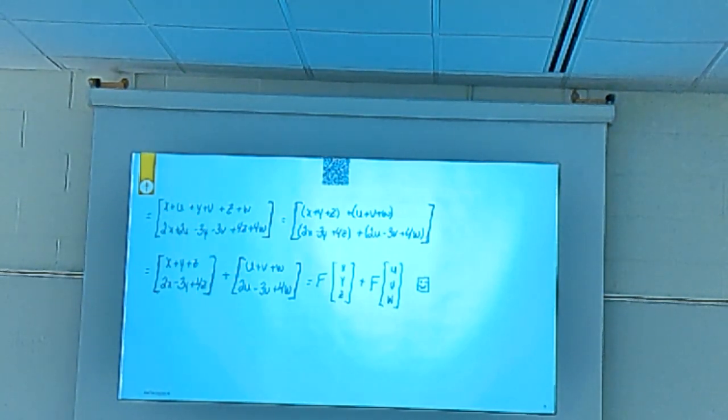Now we just have to show that second property, which was to throw in a scalar multiple of a vector into the transformation and show that it's the scalar multiple of the transformation.